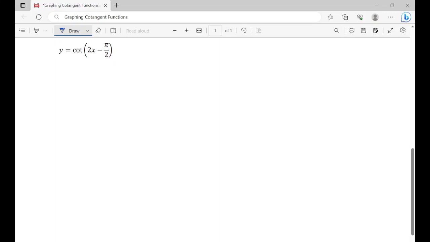Now we have this cotangent function, cotangent of 2x minus pi over 2. Now we need to put it in the correct form. And the correct form is y equals a cotangent of k times a quantity x minus b, which this is not in that form.